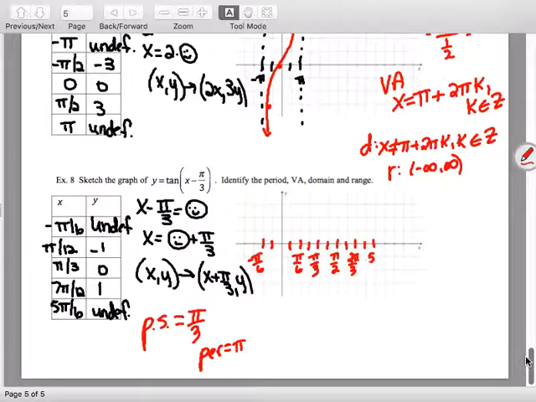Then I have 5 pi over 6, 6 pi over 6, and then 7 pi over 6. And I'm going to make every other tick up here the 1 and negative 1 so I can see it a little better.